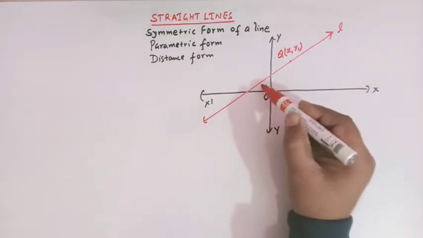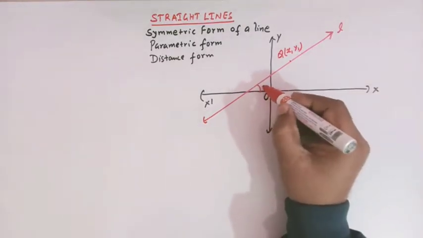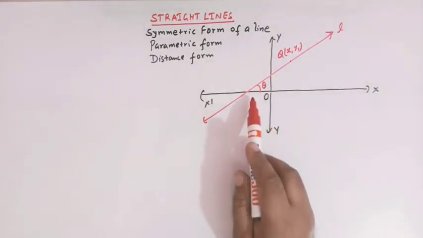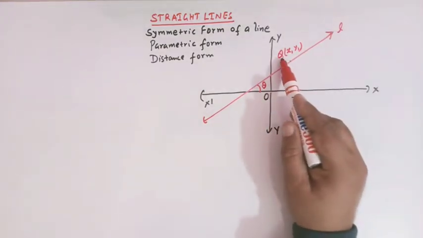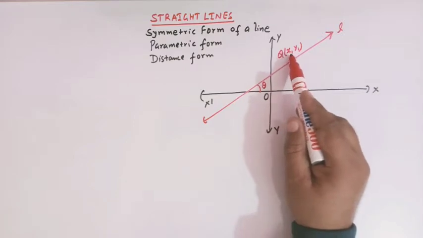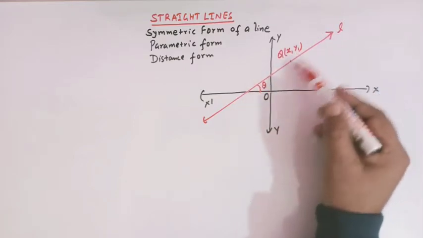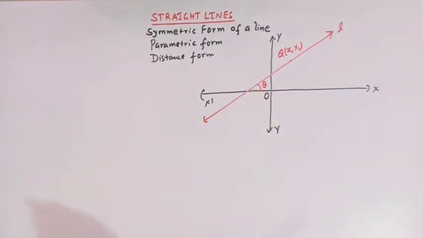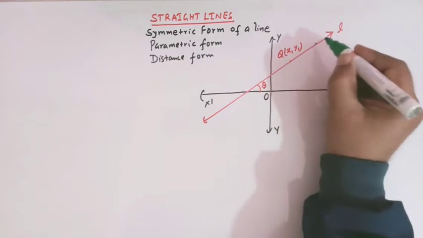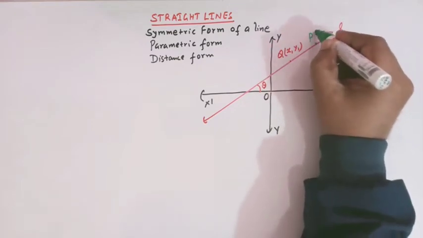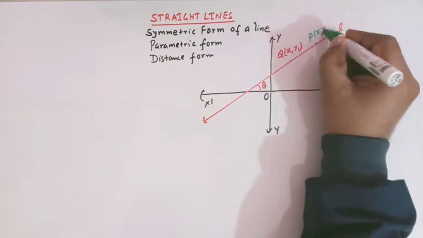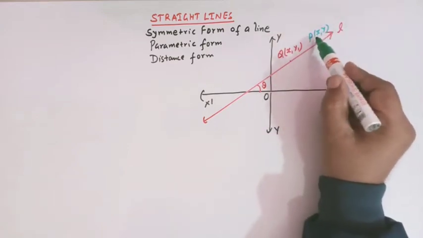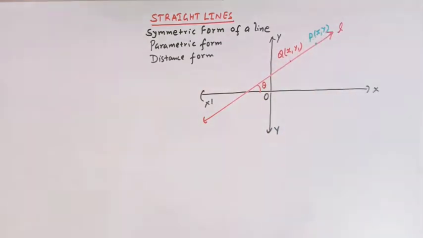This line is making an angle of theta with the positive direction of the x-axis. Now let us consider a point P on this line, which may be taken as a general point on this line L. So P has the coordinates x, y.